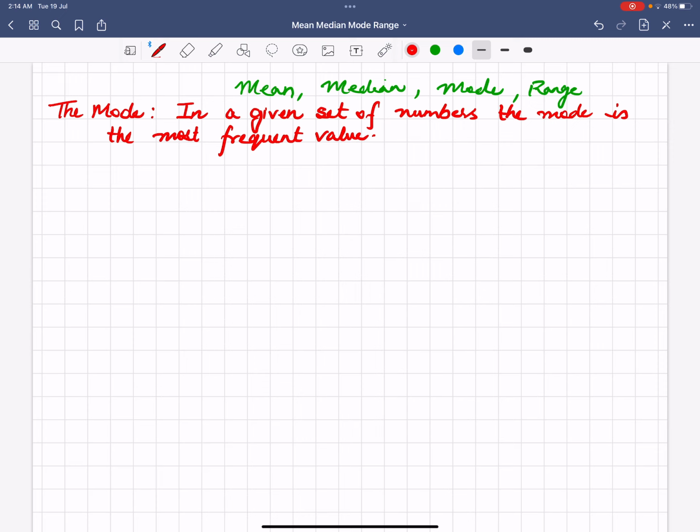So now let's look at one example to understand this better.